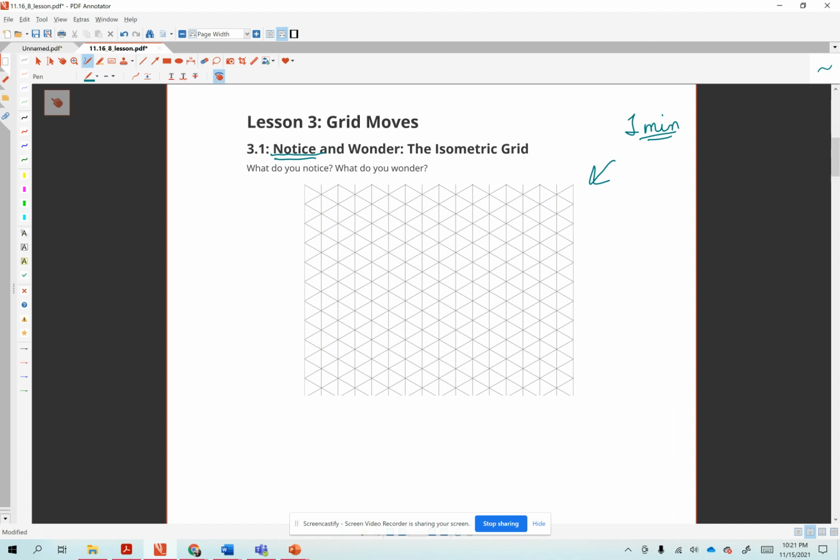But let's think about this. I see this. It's not like the kind of grid that we usually see. In fact, it doesn't have any horizontal lines. I notice that it does have vertical lines that are parallel.